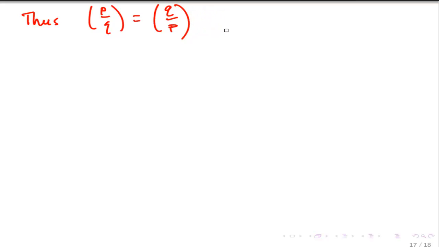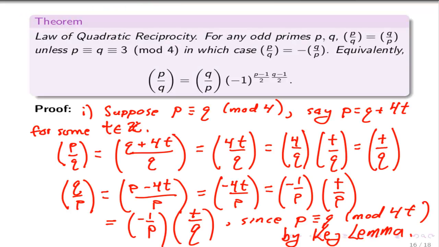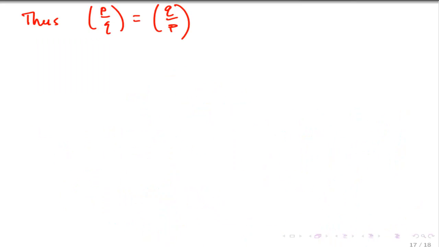Oops, let's state it again. So I've got that Q over P and P over Q differ by this thing right here. And that's exactly what we want, because what is this quantity?